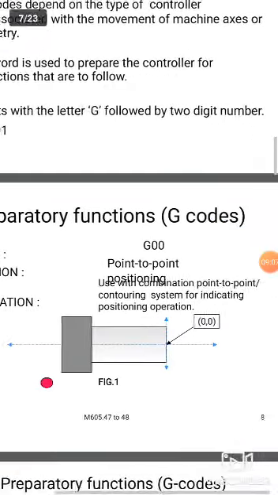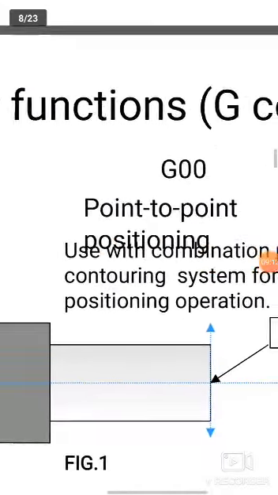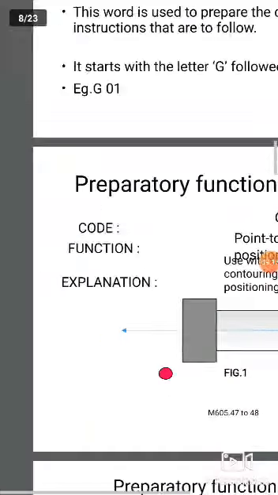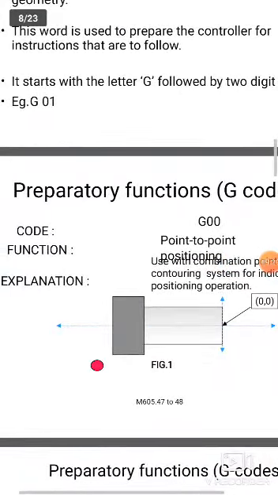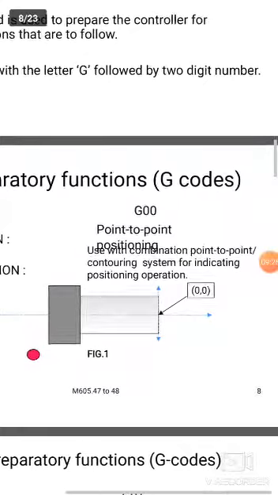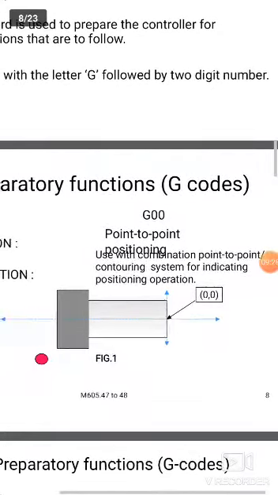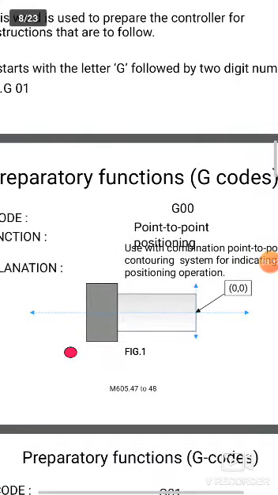Here, for preparatory function G codes, examples are given. Code G00. What function? Point to point function, a control system for indicating the position of operation. So the job is starting from G00.